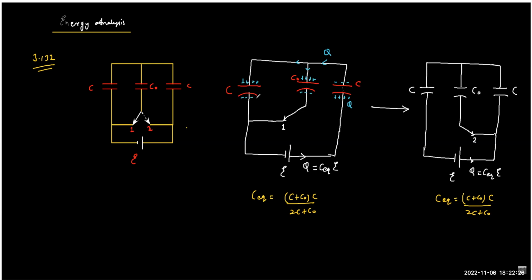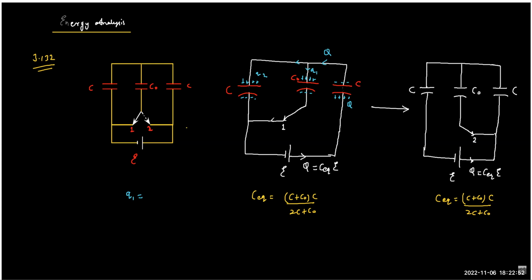Be very careful with the polarity of plus and minus charge. So you can see the distribution. If I call this Q1 and this Q2, we can use the charge divider rule to get Q1 and Q2, if you remember. So the capital Q is getting divided into two parts, Q1 and Q2, in parallel.